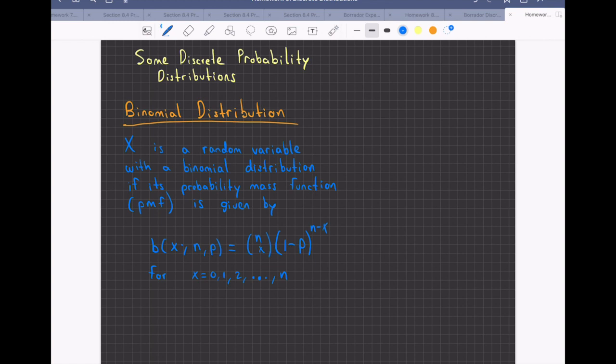We say that a random variable has a binomial distribution if its PMF, probability mass function, or probability distribution, is given by this formula, this one here.